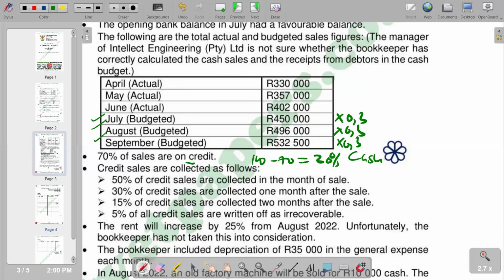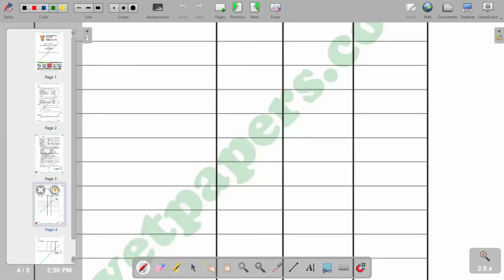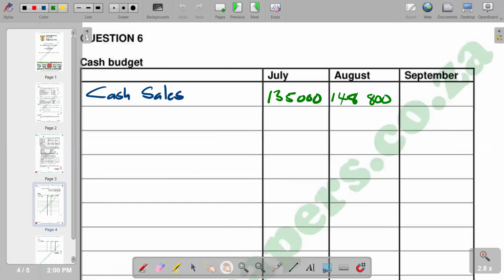For September, you're going to get 159,750. So this is the information that we have in terms of our calculation, 159,750.